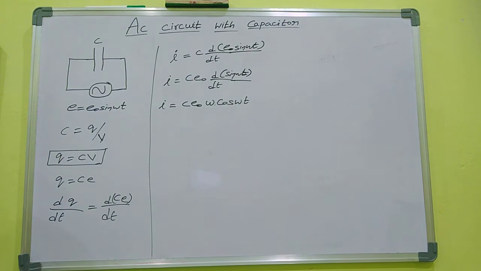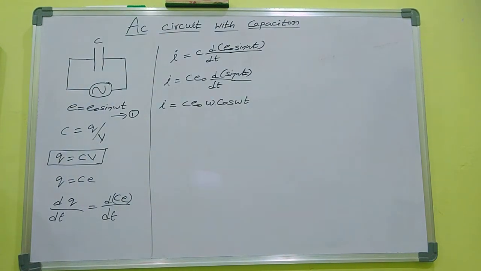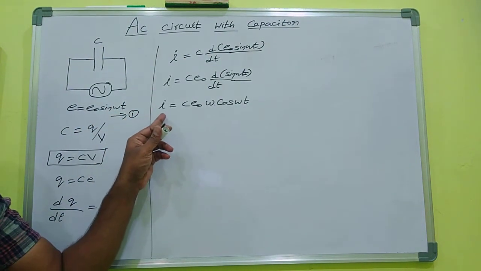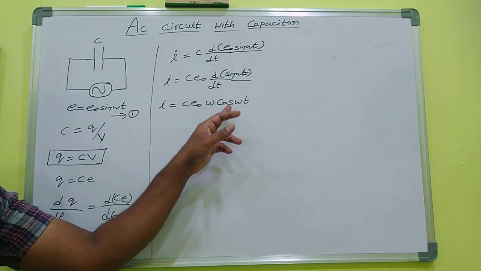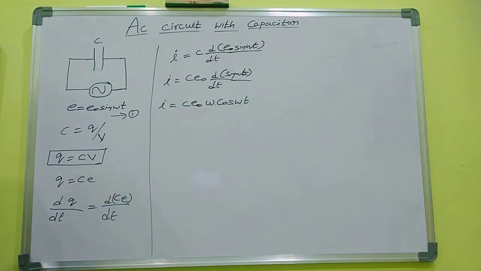In expression number 1, the alternating source of EMF is E equal to E naught sine omega t, which is in sine terms. In this current, I is equal to C E naught omega cos omega t, which is in cos terms. So we can convert this cos term into a sine term.